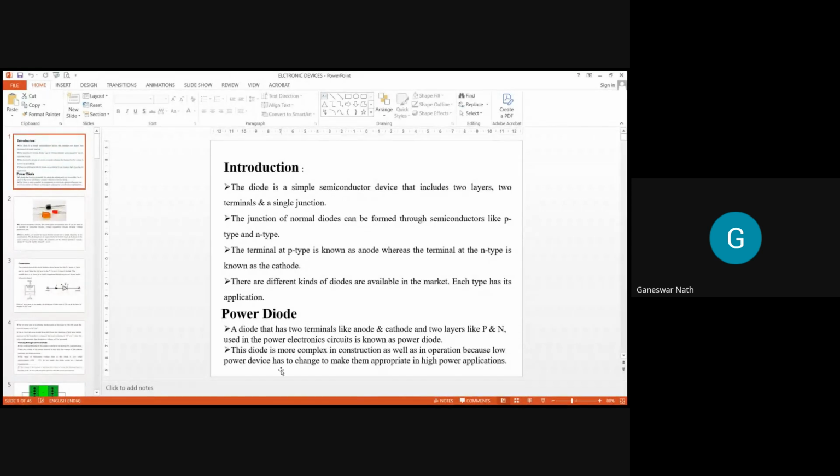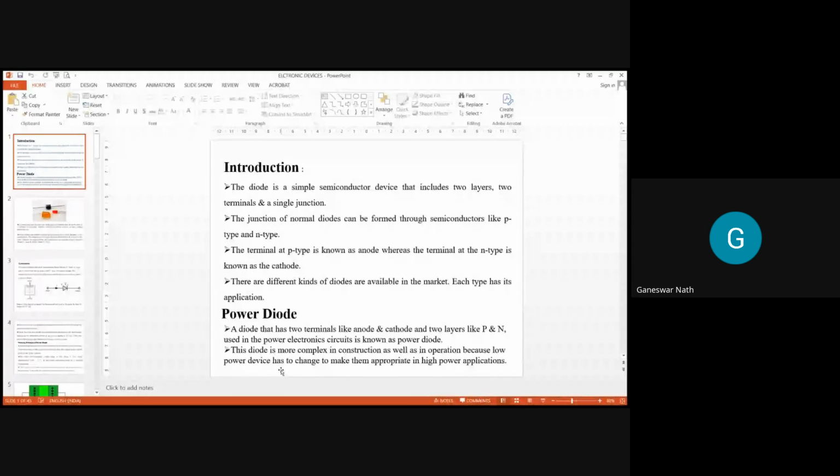We'll first go to the power diode. When we start electronics, we must start with the basic fundamentals of the devices, and the first device that comes is the power diode.